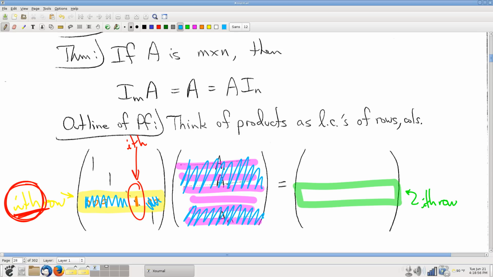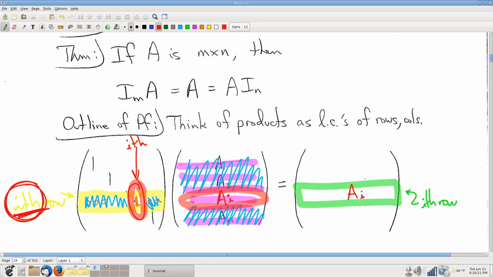The one term that doesn't go away is the ith term. That ith term comes from multiplied by the ith row there. And so what I get there is A_i.